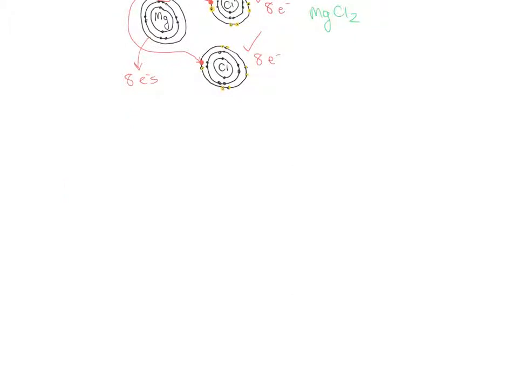Okay, so now that we are getting the hang of this, let's try another one just to test our knowledge. So let's do example B. That is not how you spell formula.